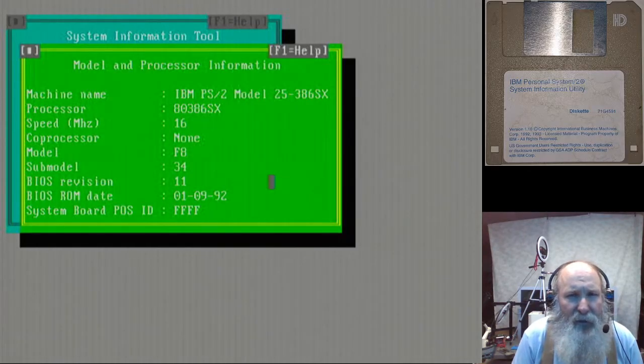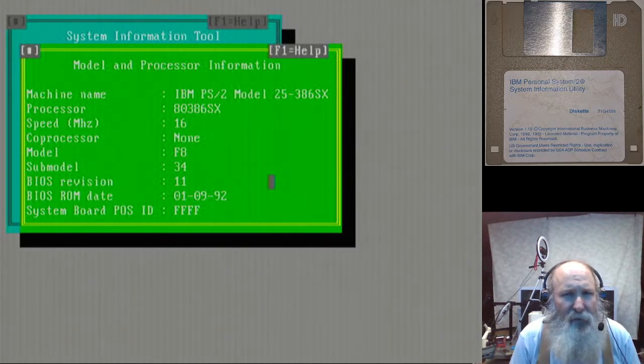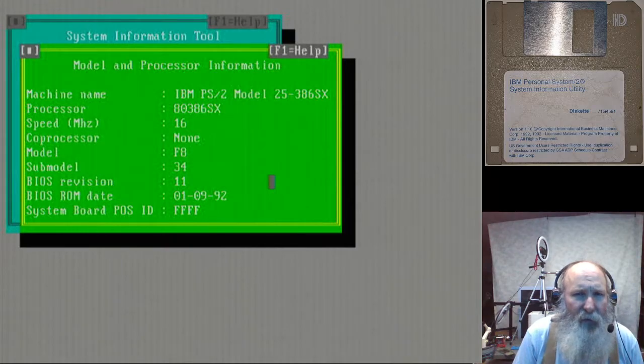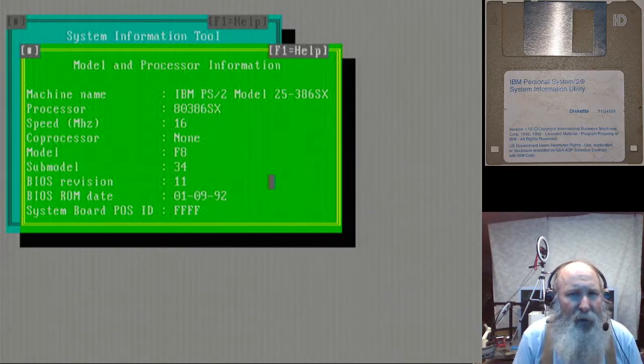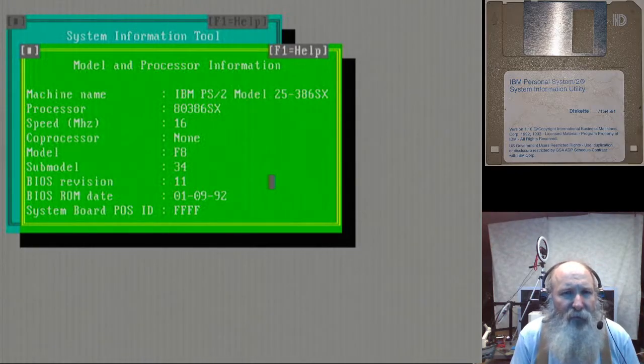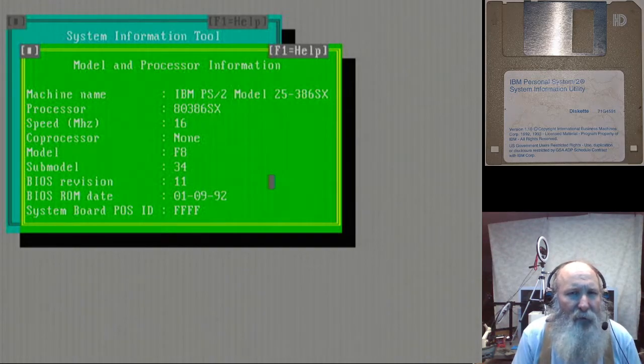Model and processor. Recognizes fully the 25 386SX as it's defined here. Processor, and then speed. And it is correct in that regard that this is a 16 megahertz CPU that's in this one. It's clocked at 16 megahertz. That's probably a hard-coded value, as we've seen before when I demonstrated the system information tool.